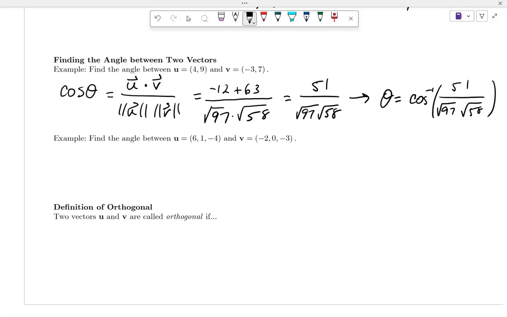Now, if I actually want a quantity for that, I would need to do it in my calculator. I don't feel like trying to think about it in my head, but I'm trying to think about how big it might be. Square root of 97 is a little bit less than 10. 64, so that's a little bit less than 8.